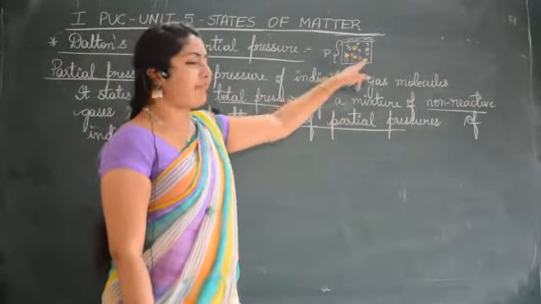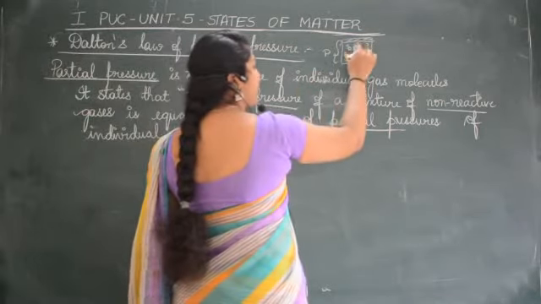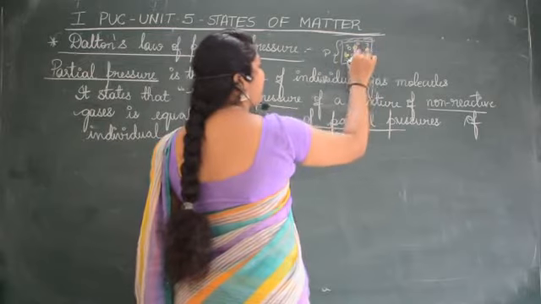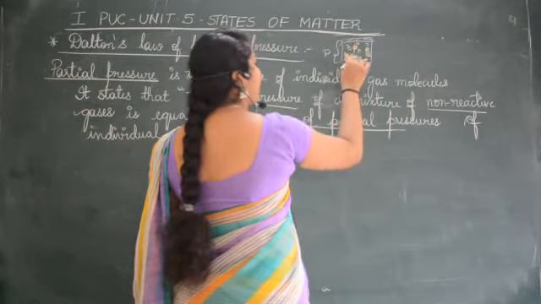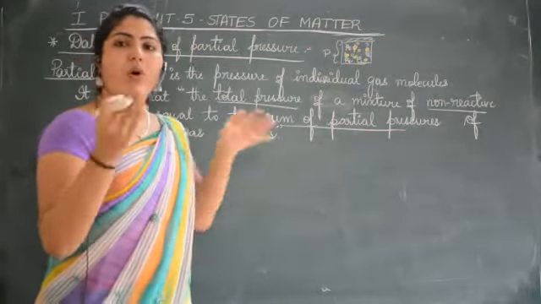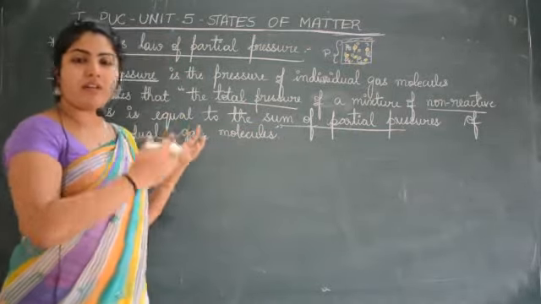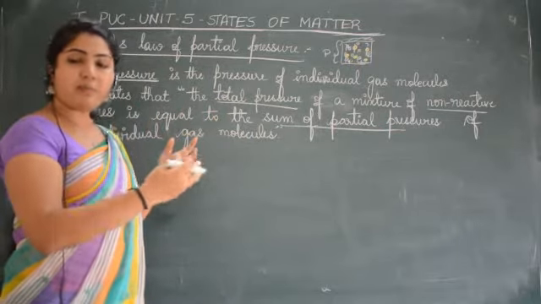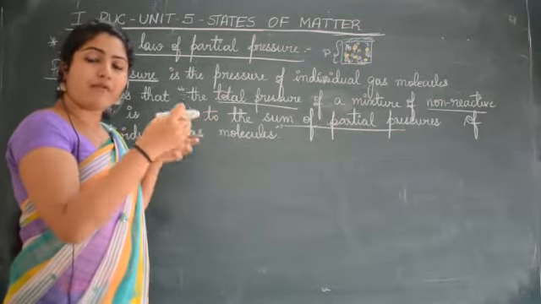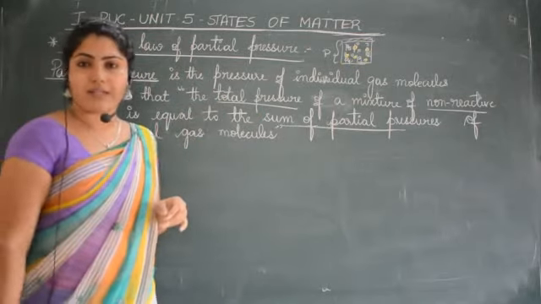Add the pressure of each gas molecule, he said. If one is exerting a pressure P1, the other P2, P3, P4, P5, then sum all those. If there are 10 molecules, then you add P1 plus P2 plus P3 plus P4 up to 10, the pressure of all the gases. Then you get the total pressure.